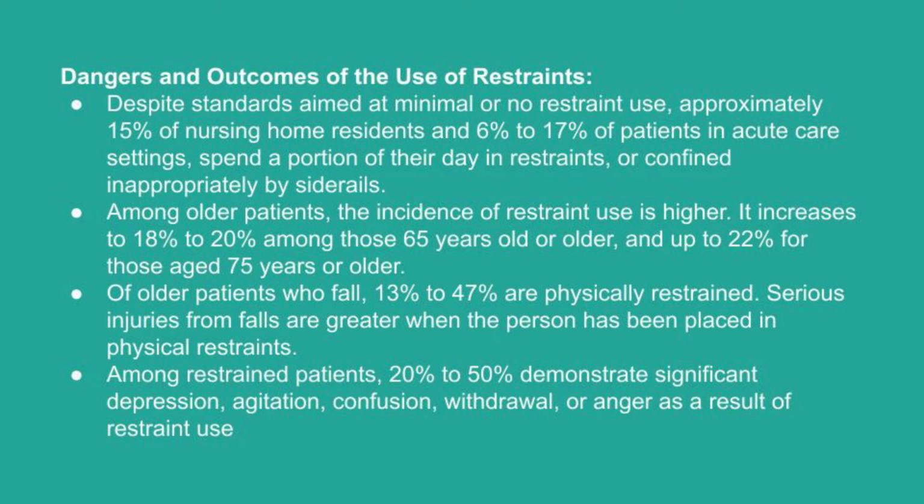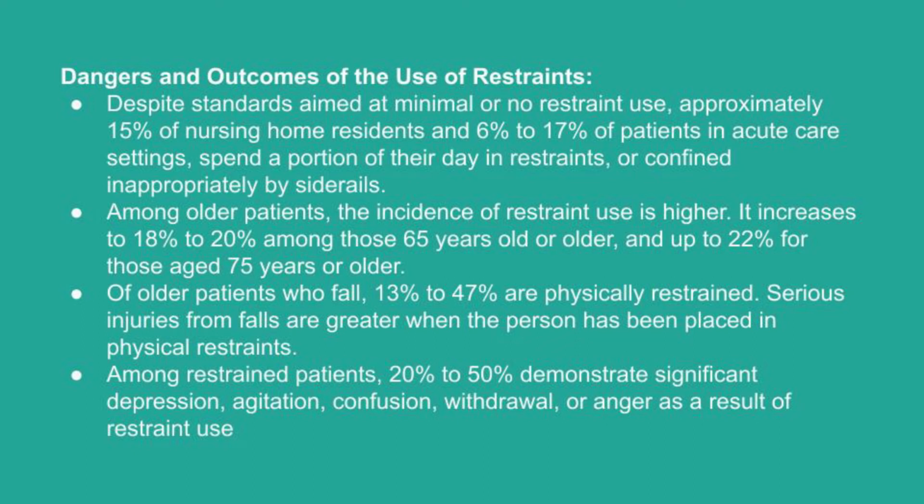There are dangers and outcomes of the use of restraints. Despite standards aimed at minimal or no restraint use, approximately 15% of nursing home residents and 6 to 17% of patients in acute care settings spend a portion of their day in restraints or confined inappropriately by side rails.